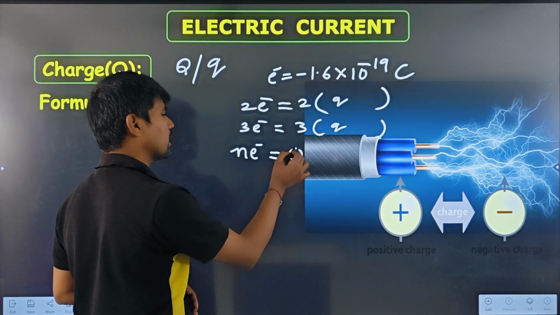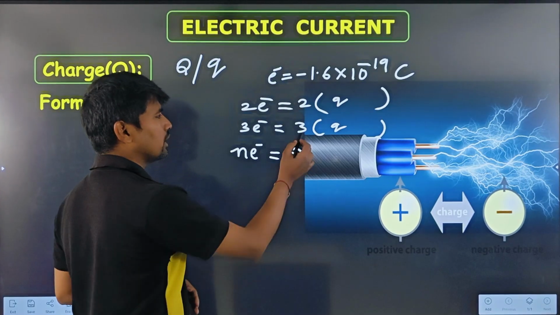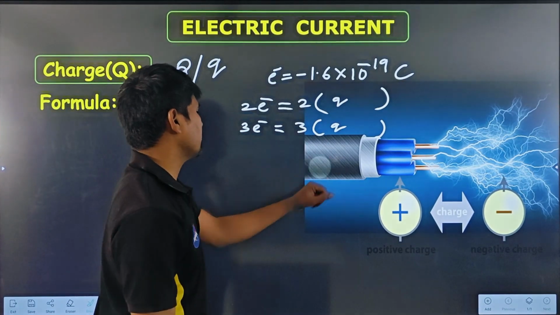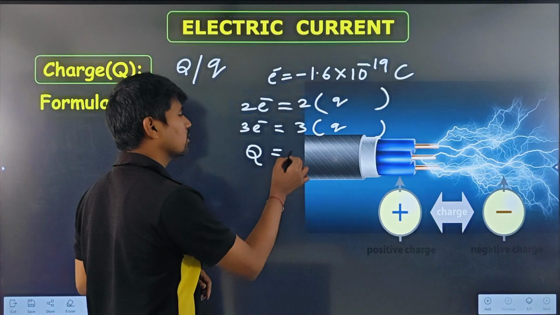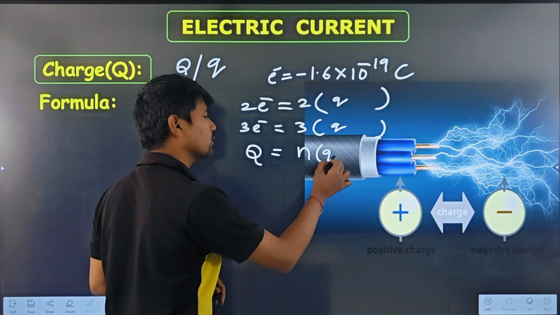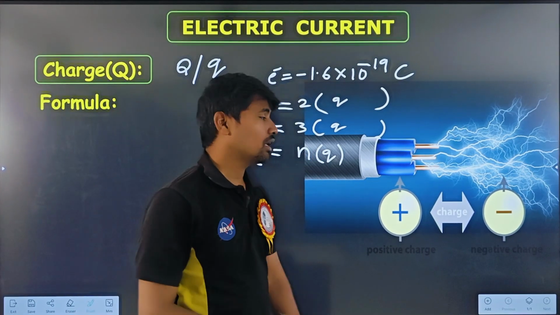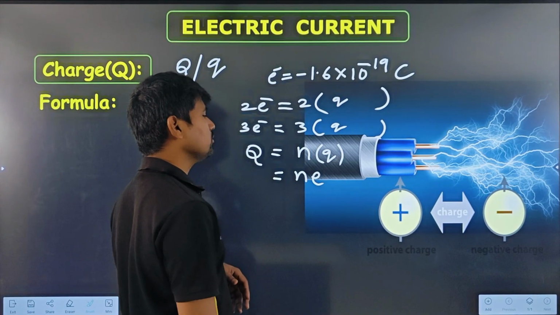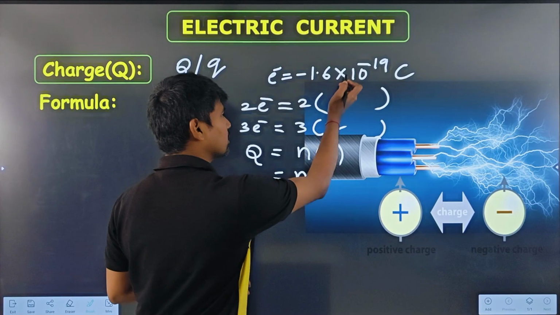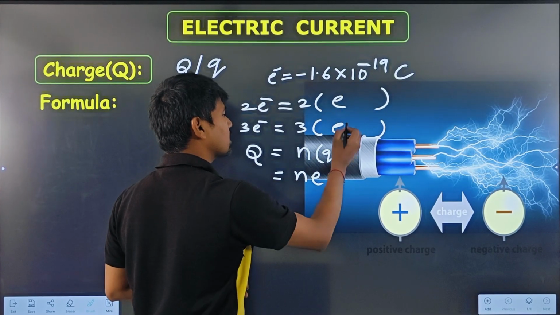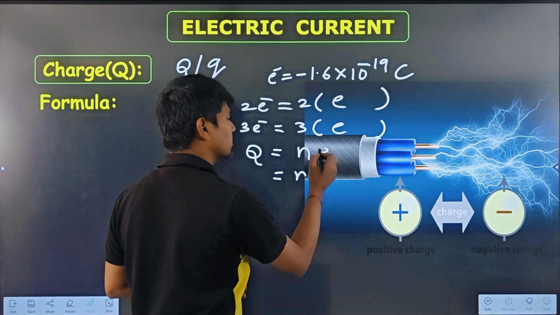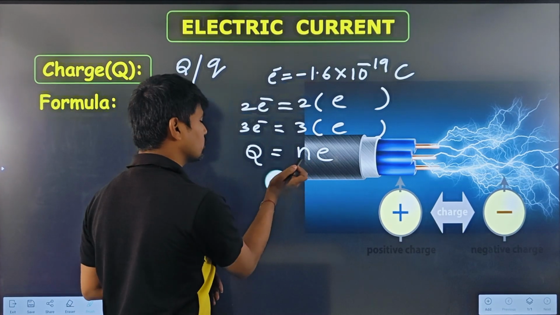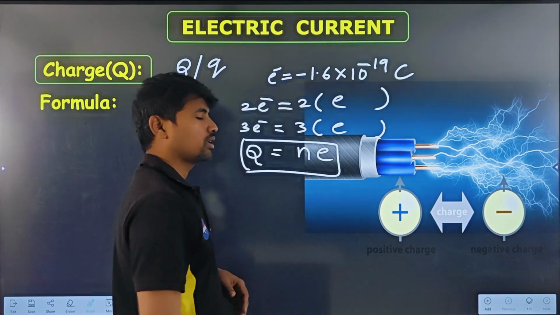Let us consider the total charge as capital Q: Q equals n into q, nq. Otherwise the charge of n electrons is ne, where e is the charge of an electron. So Q equals ne is the formula.